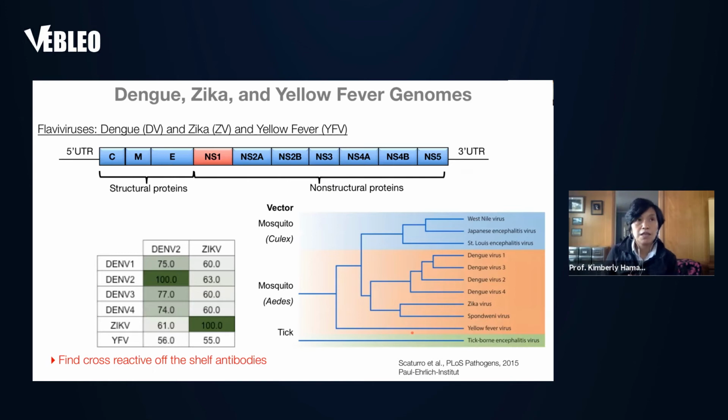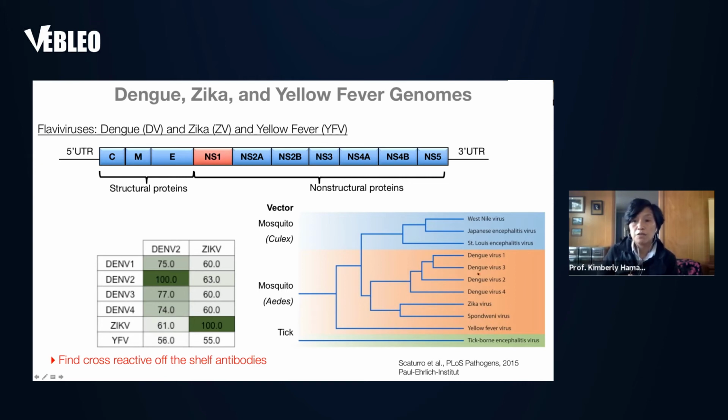So what we decided to do was to ask this question: could we take dengue and Zika antibodies, antibodies that were raised specifically for dengue and Zika, and repurpose them to pick up yellow fever? We're going to pretend that we don't have yellow fever antibodies, so we want to use these other ones to do this. If we look at the phylogeny of flaviviruses, we can see that dengue and Zika and yellow fever are all somewhat closely related.